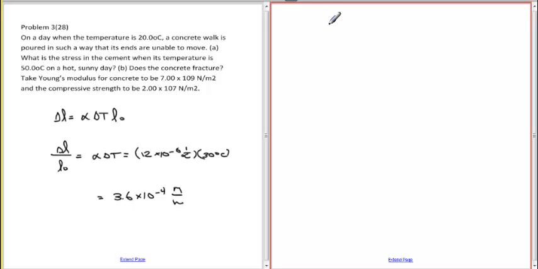Now we go to the other expression we were using, where the stress is equal to E times epsilon. But epsilon is this thing right here. So we can calculate the stress in the concrete by taking Young's modulus, which is 7 times 10 to the 9th newtons per meter squared, multiplied by epsilon, which is delta L over L0, 3.6 times 10 to the minus 4 meters per meter.